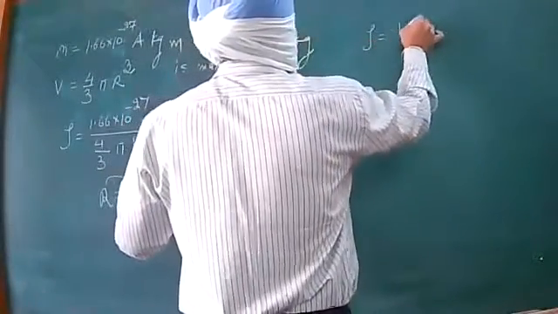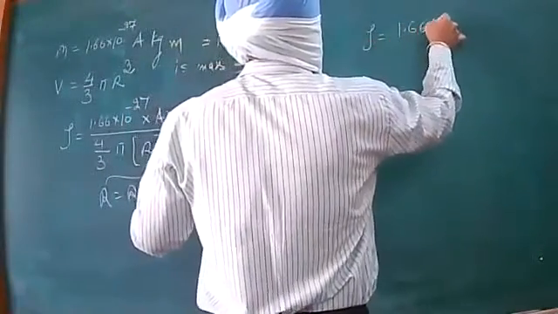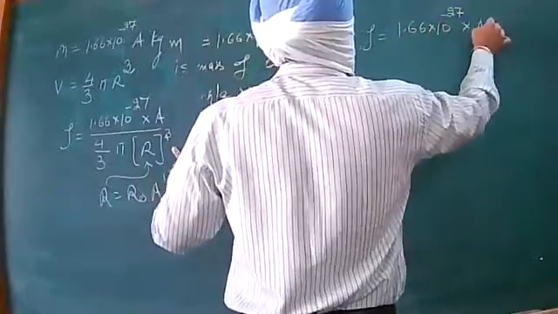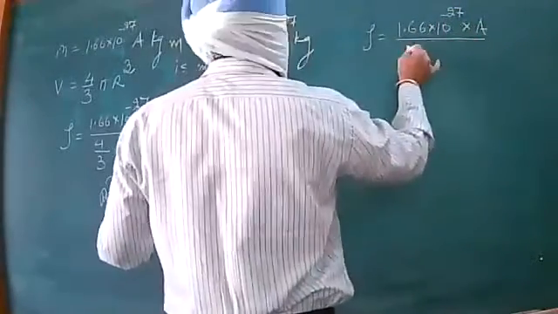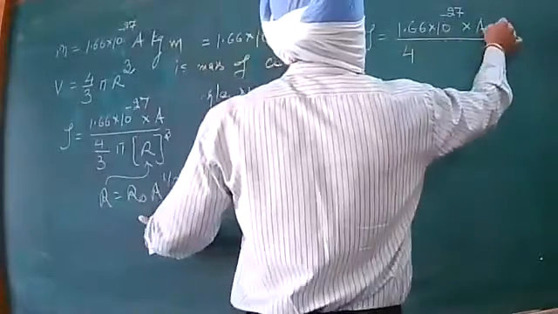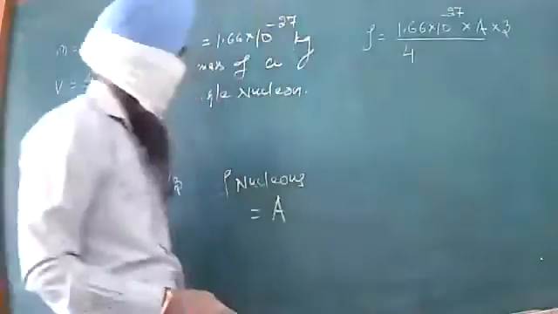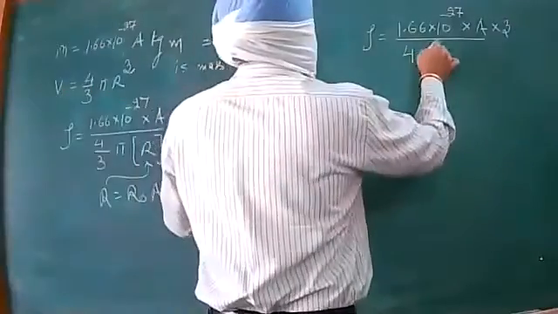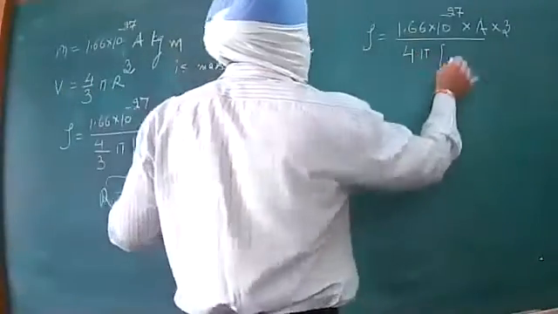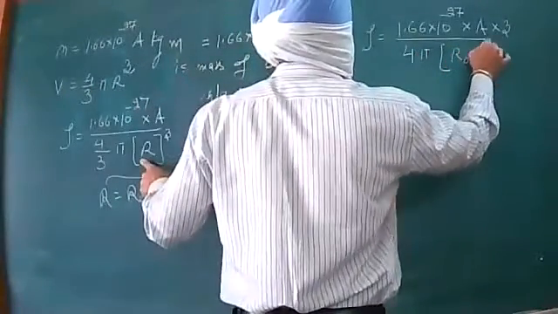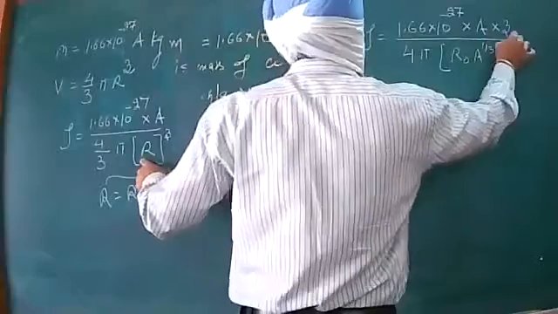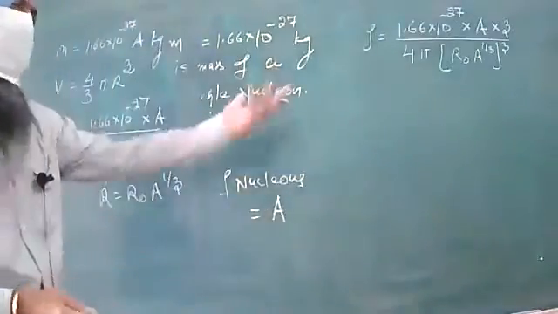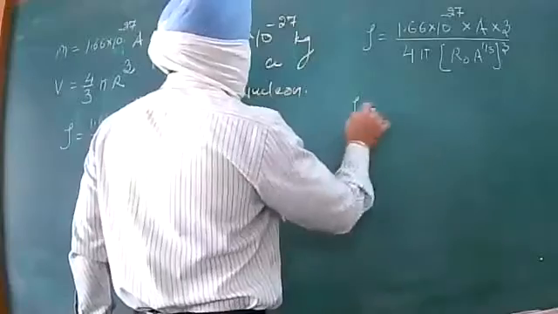Rho is 1.66 × 10^-27 × A divided by 4, with 3 in the denominator, π as such, and in place of r, I have r₀ A^(1/3), the whole cubed. Now let us further solve this.